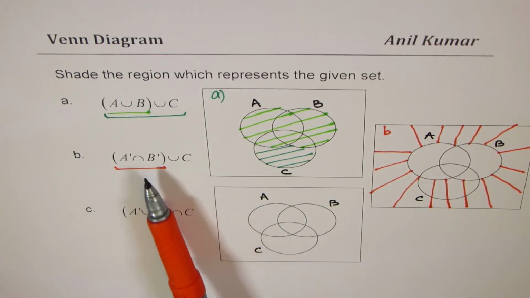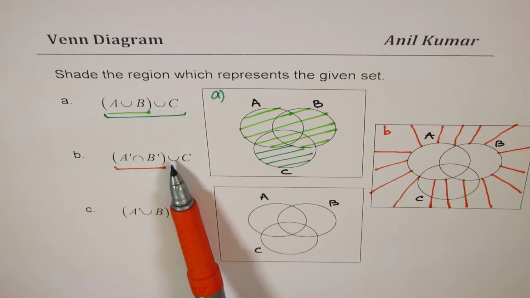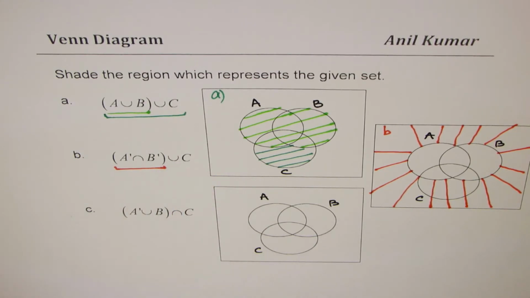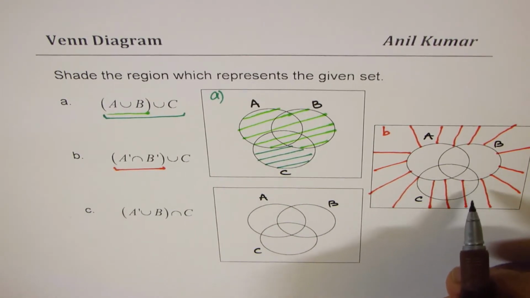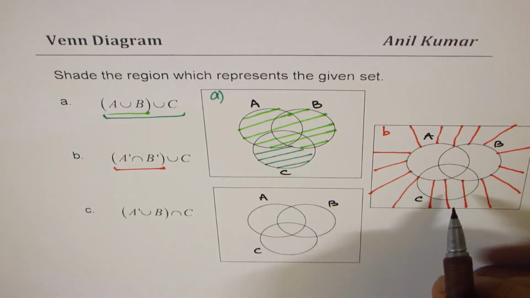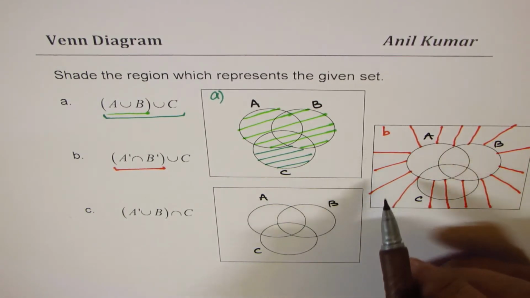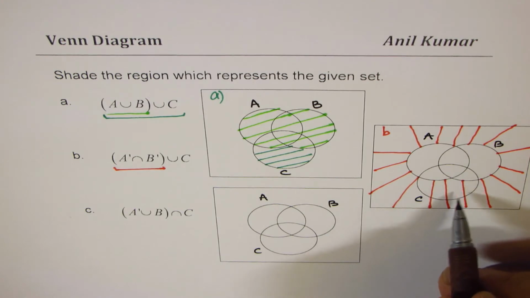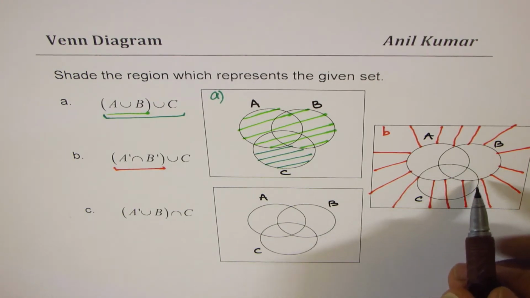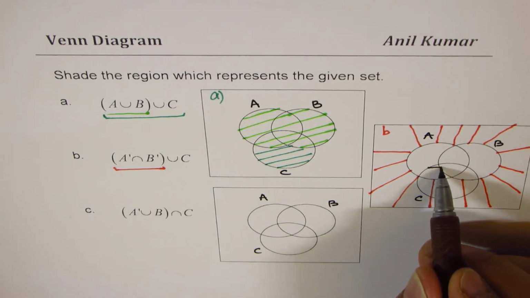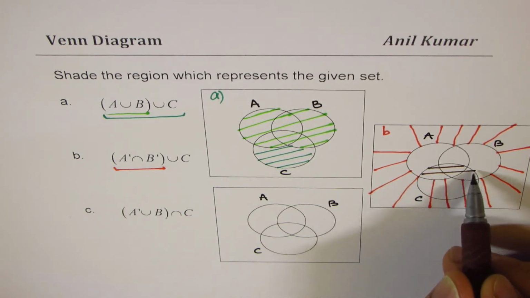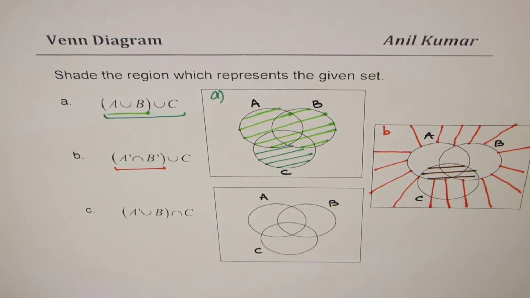Now we have to do this union C. So when you want to do the union with C, that means you have to combine all this, whatever you have, with C. So that means additional portion which you use is something here. Is it okay?